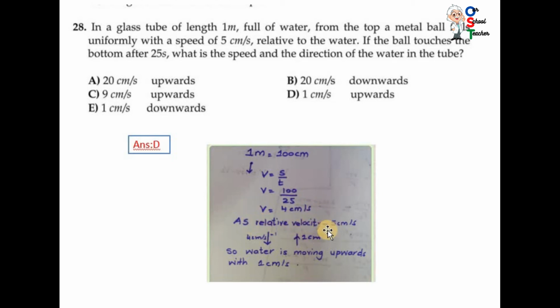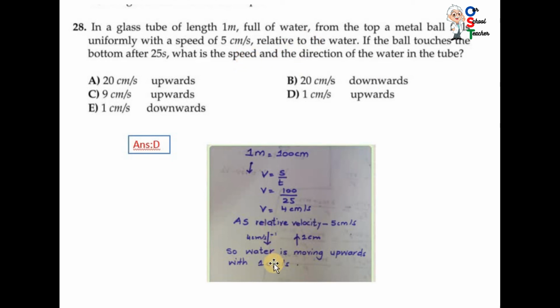As relative velocity is 5 centimeter per second. Relative velocity means when we compare two velocities. So metal ball velocity 5 centimeter is relative to the water, so that's why I'm saying this is relative velocity.